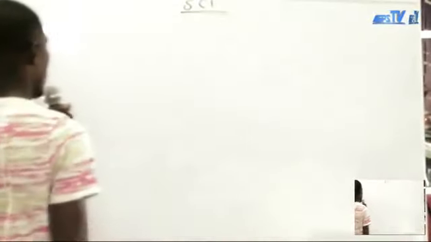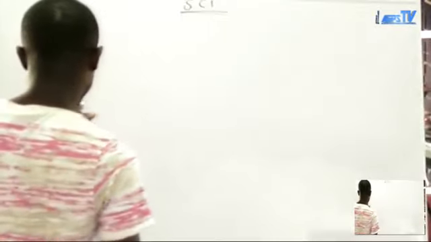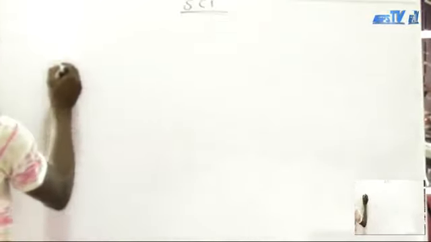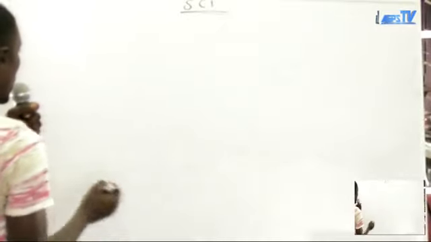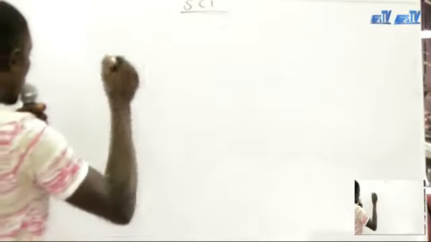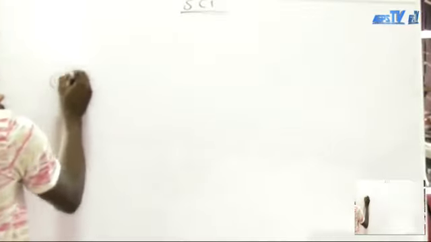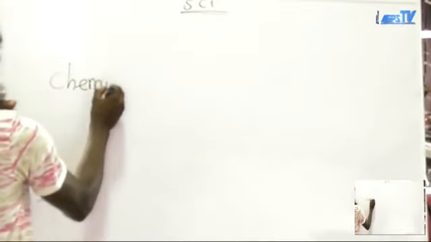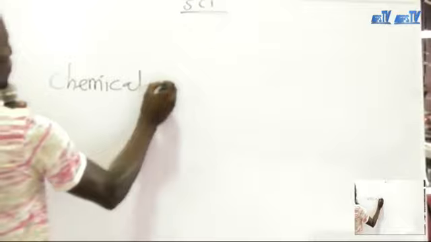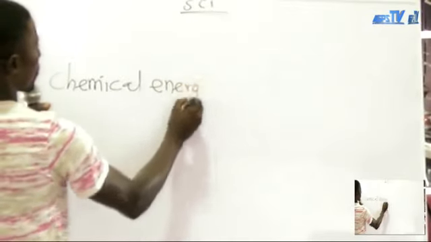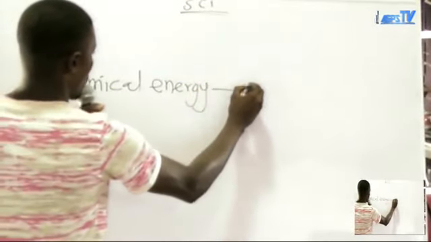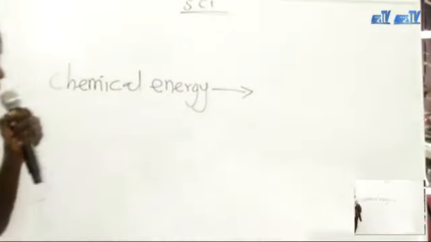Now, if you are told to state the energy transformation on how a torch gets its light, just write the first one. You put in what? The cells. So the cells contain chemical energy. So you just write chemical energy here. Then you bring your arrow like this, nicely.